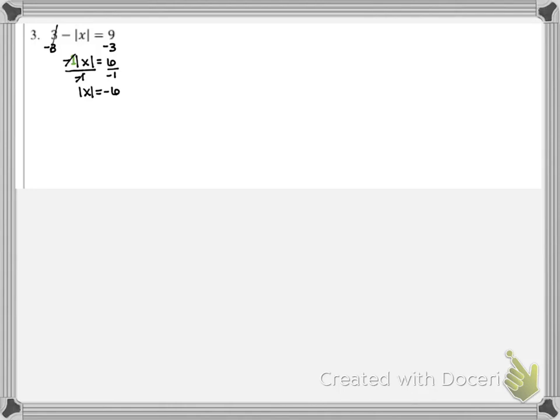Okay, heightened awareness kicks in. Because I have these absolute value bars, and absolute value means distance from 0, I need to ask myself the question: can the distance of a number be -6 units away from 0? No, not at all.